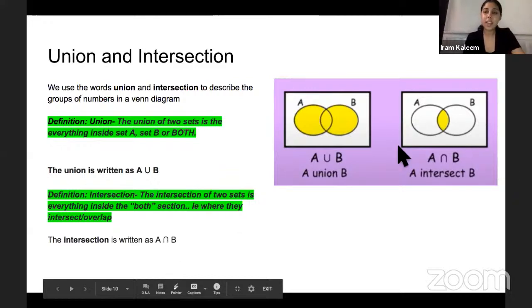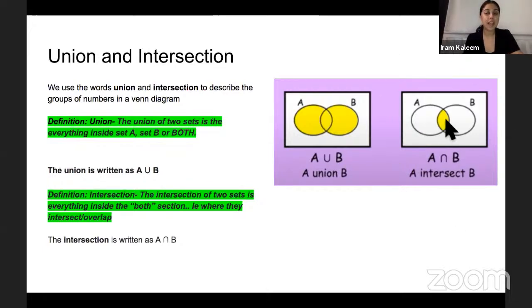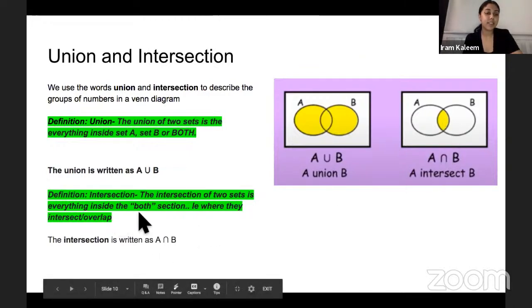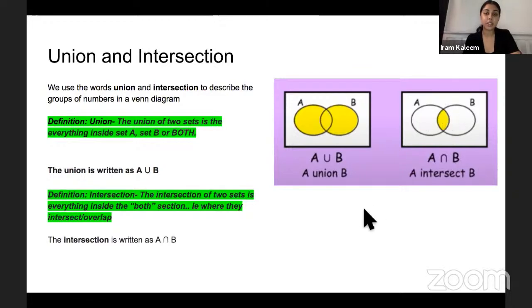So again, if we look here, we can see that the intersection is just the overlap bit, anything that's inside the both section. And we write that with this symbol here. So again, I'd like you to write the definition and the notation underneath, the shortcut way of presenting it, basically. And I do recommend that if you draw two circles and shade in the intersection just next to it, it can help describe what it is.